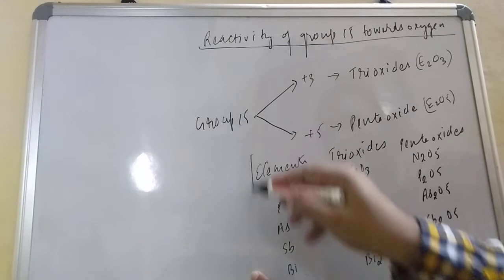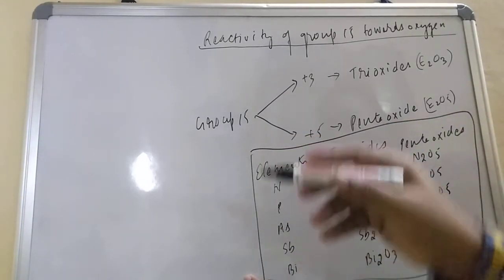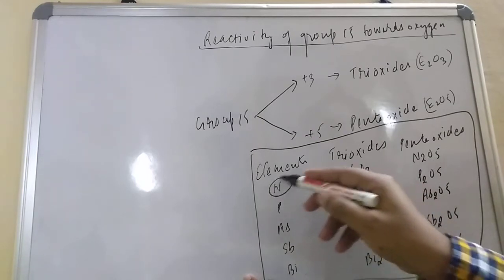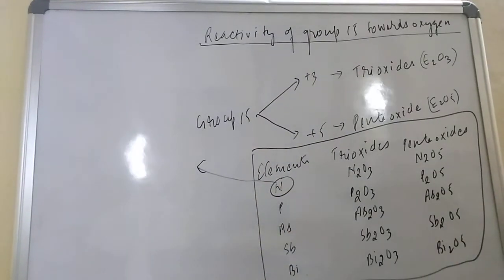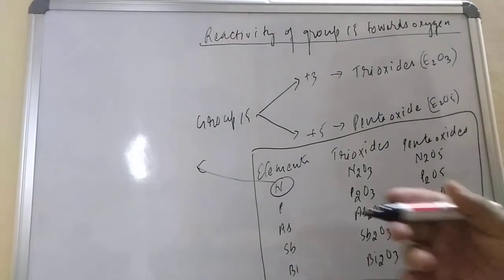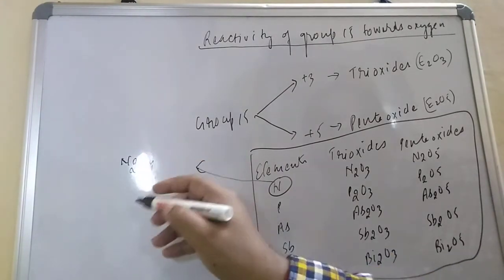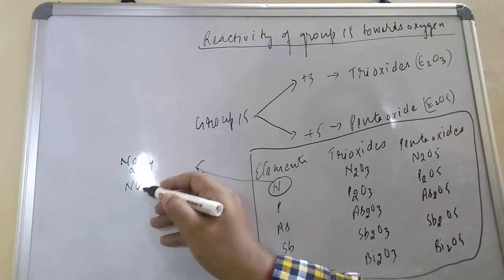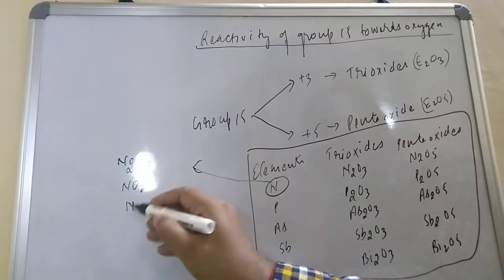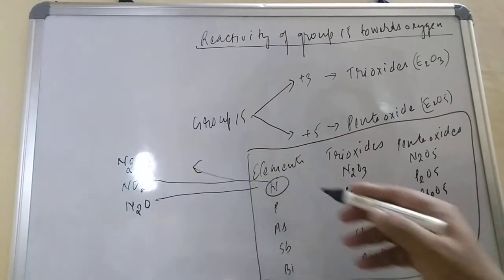Now these are the oxides. Along with that, nitrogen shows anomalous properties, and due to these it gives some more oxides like N2O4, which is the dimer of NO2, then NO2, and lastly N2O. So nitrogen exhibits a number of oxides.